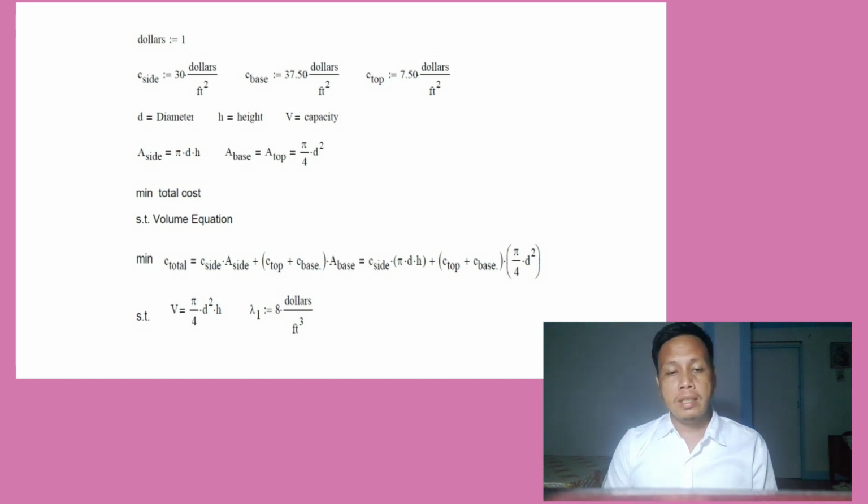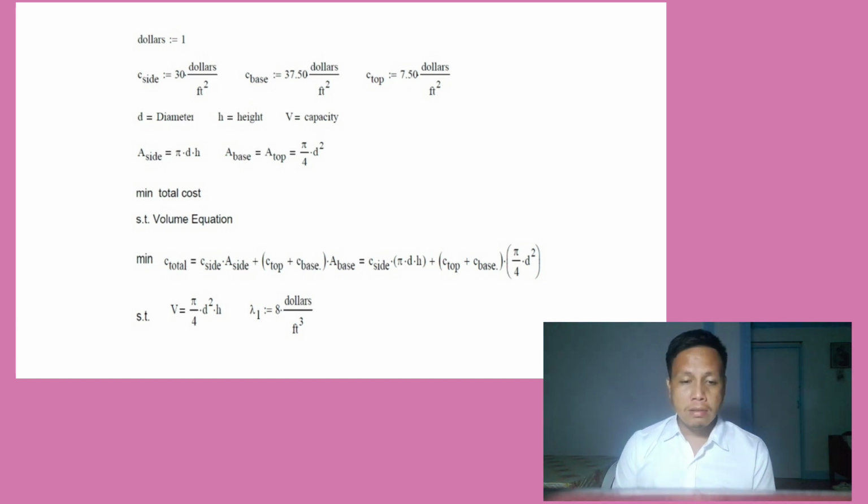So the minimum total cost is equal to the cost of the side times the area of the side, pi d h, plus the cost of the top plus the cost of the base times the area of a circle, for the top and the base.